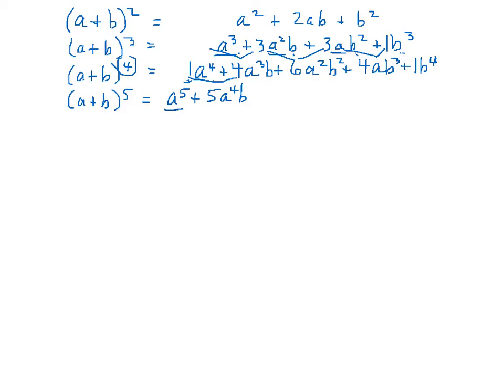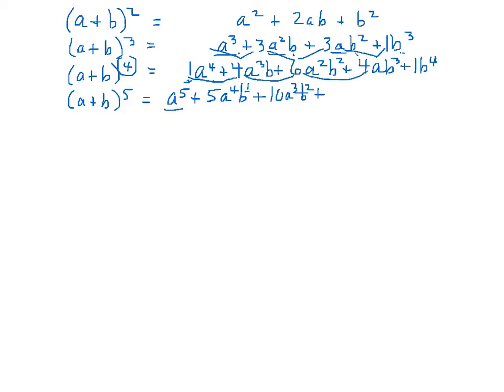Now that's b to the first. 4 and 1 is 5. The next term, 4 and 6 is 10. The a is going to go down to the third power. The b is going to go from the first power up to the second. Again, notice the two exponents add up to 5.